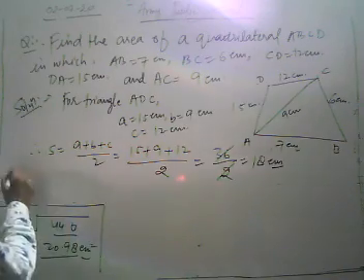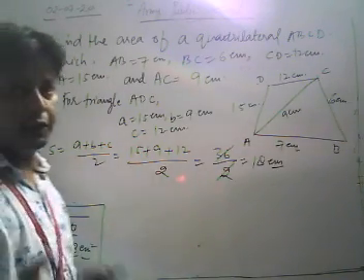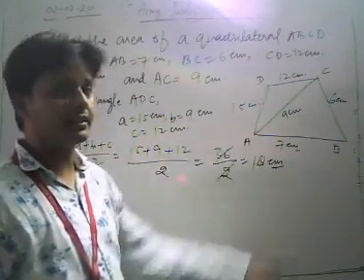Okay, now using Heron's formula we find the area of triangle ADC.